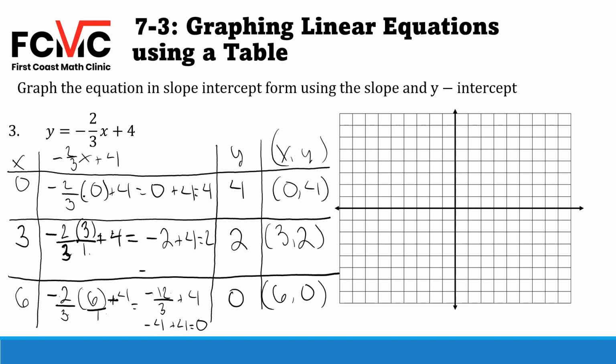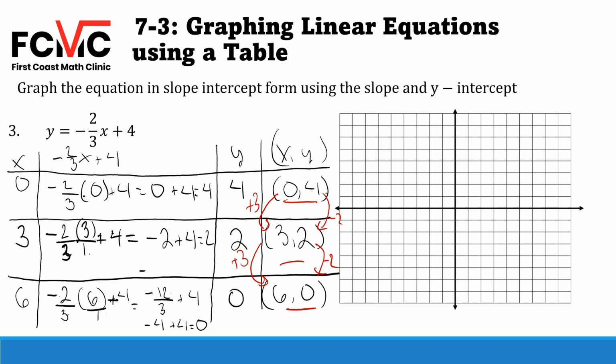And if you guys notice, we can kind of see a little bit of a pattern here, right? 0, 3, 6. So we're adding 3. 4, 2, 0, minus 2, minus 2, right? So let's graph these points, and we'll get to that pattern in a couple videos.